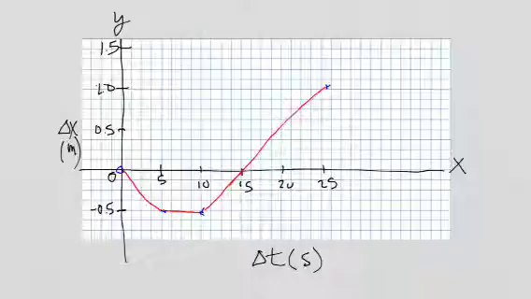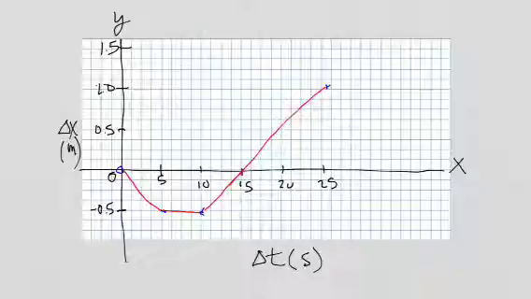Does that make sense? Now, when you look at a graph like this, there's a lot of stuff going on here. There's negative velocities, there's positive velocities, there's zero velocities, but there's also displacement and distance. What would be my overall displacement here?